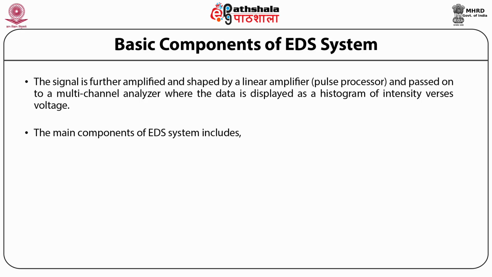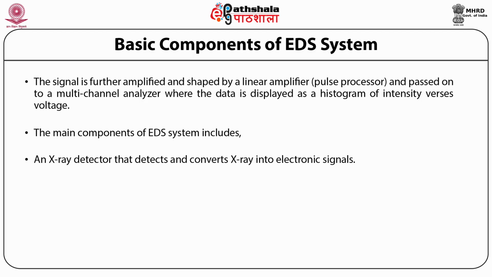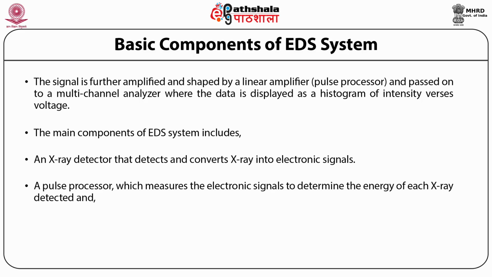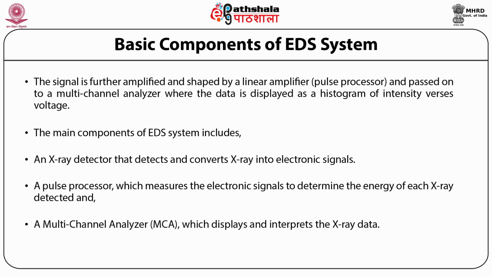The main components of the EDS system include an X-ray detector that detects and converts the X-ray into electronic signals, a pulse processor which measures the electronic signals to determine the energy of each X-ray detected, and a multi-channel analyzer which displays and interprets the X-ray data.